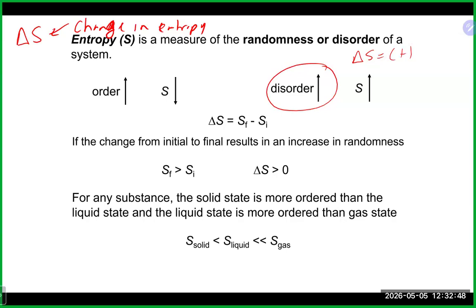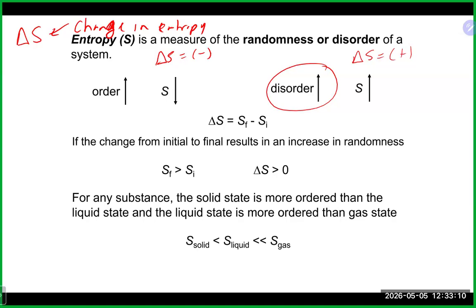And vice versa, as the amount of disorder decreases, which by default means the amount of order is increasing, our delta S value will become more negative. So a more negative delta S means we're creating a lot more order. A more positive delta S means there's a lot more disorder.